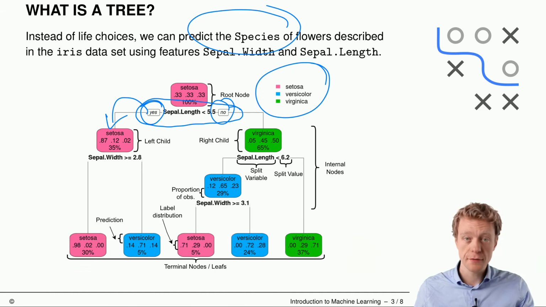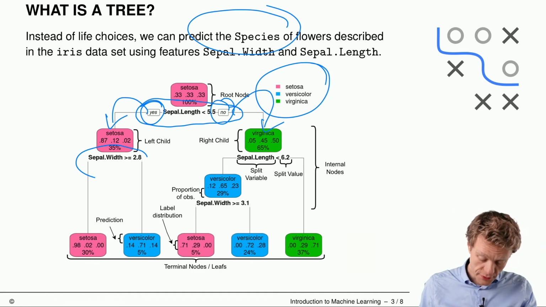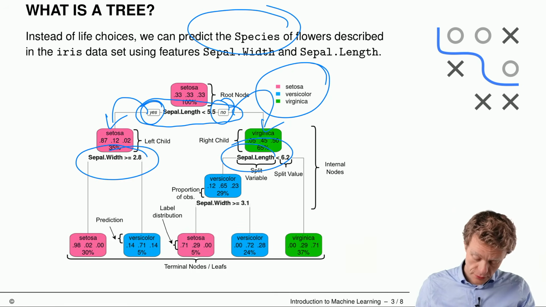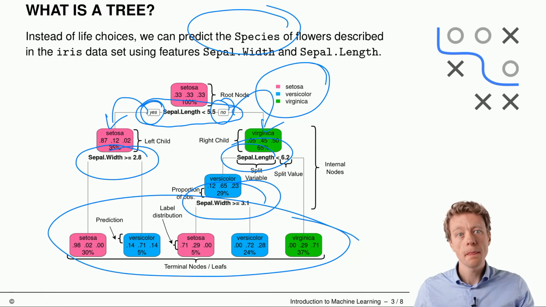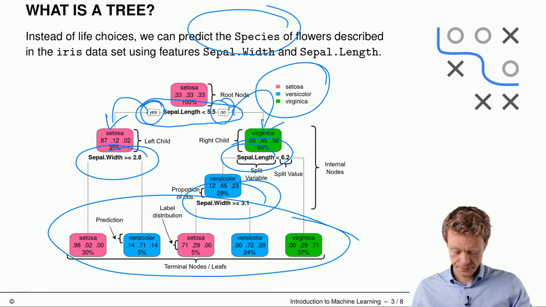If it's larger than 5.5 or exactly 5.5, then you go to the right-hand side. And then you split again, and again, until you're here at the bottom. In this plot there are quite some more annotations which will be explained in the specific video on that.